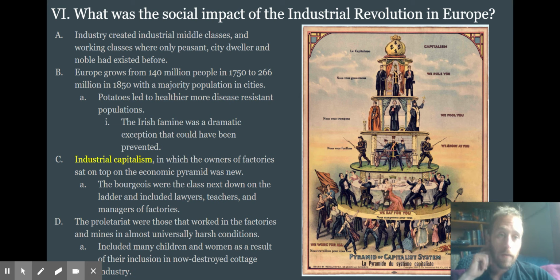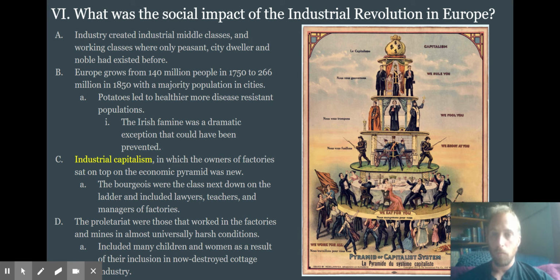So the social impact of the Industrial Revolution is pretty widespread. In short, there's a social pyramid that already exists in Europe. There's an image right here with the nobility on top, the clergy down below, and then, if you remember from the last unit, the third estate, so just the general population, down the bottom level.